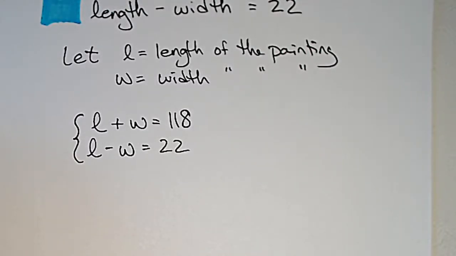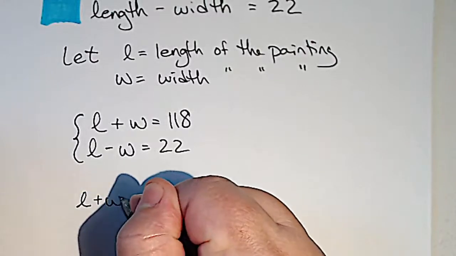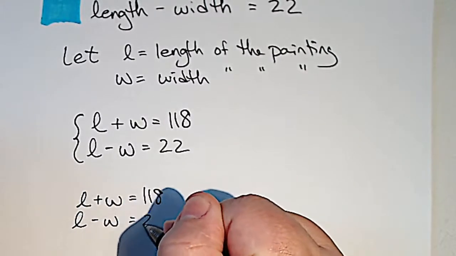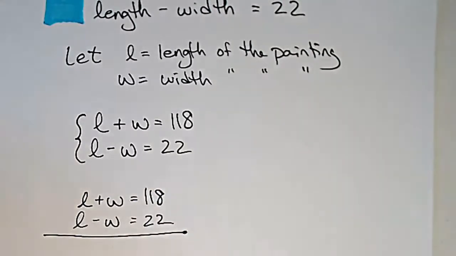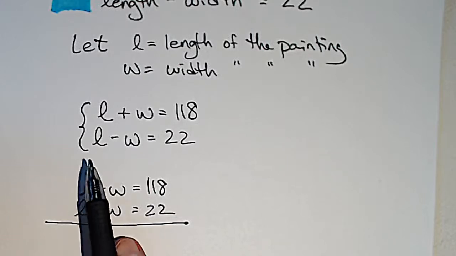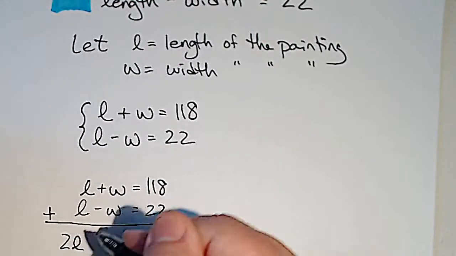You're going to always have choices. So your choice is to use substitution if you really, really want to. But I'd like to encourage you to consider elimination, because if I have L plus W equals 118 and I have L minus W equals 22, the equals are lined up, the W's are lined up, the L's are lined up, and if I add, I get 2L.